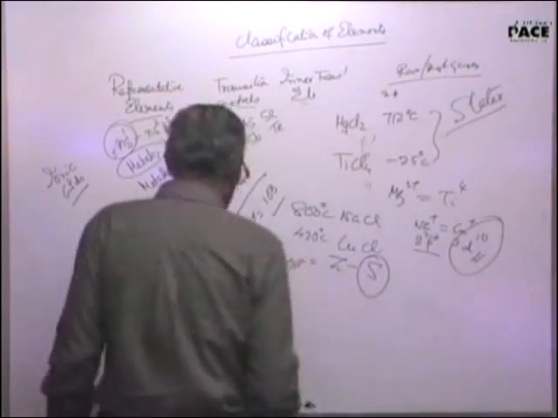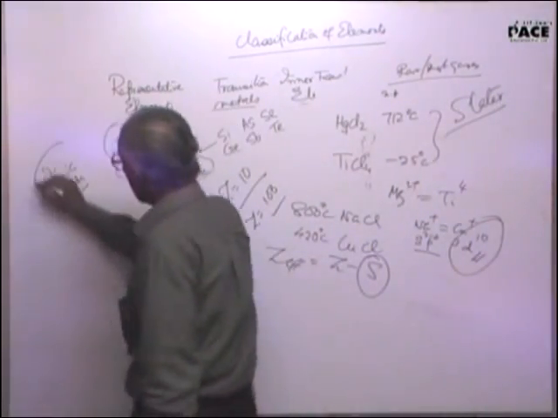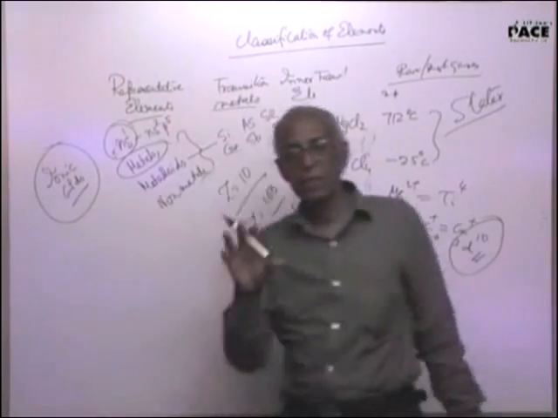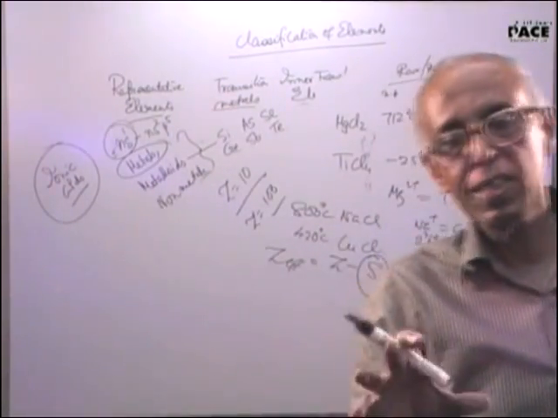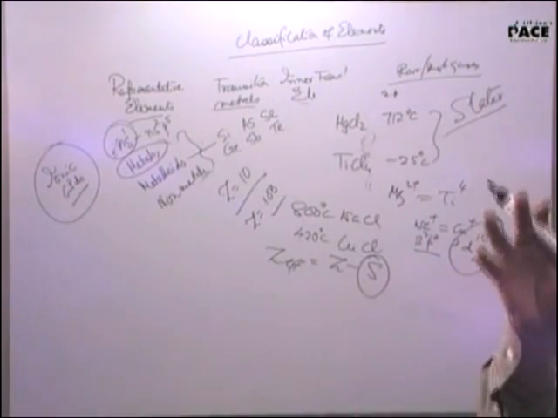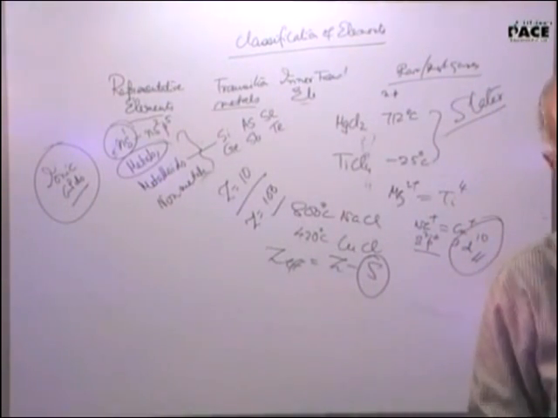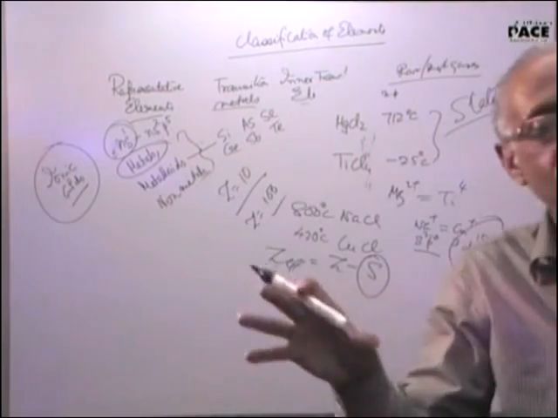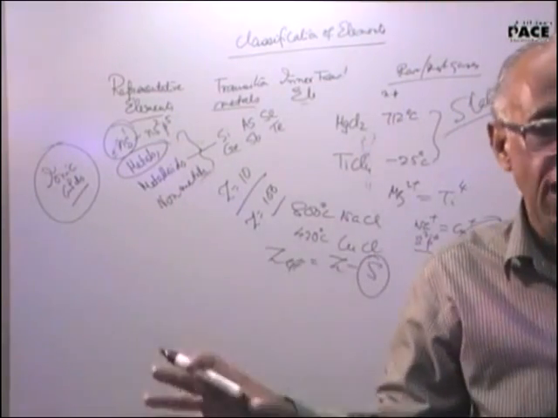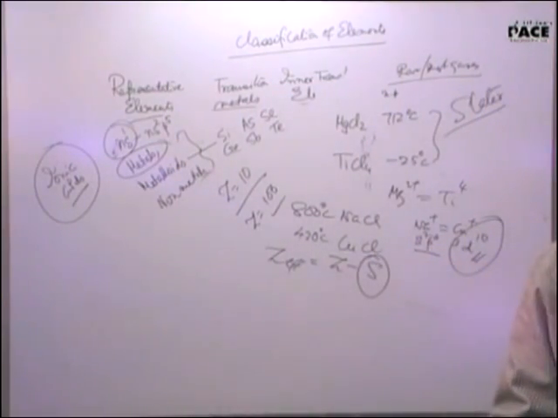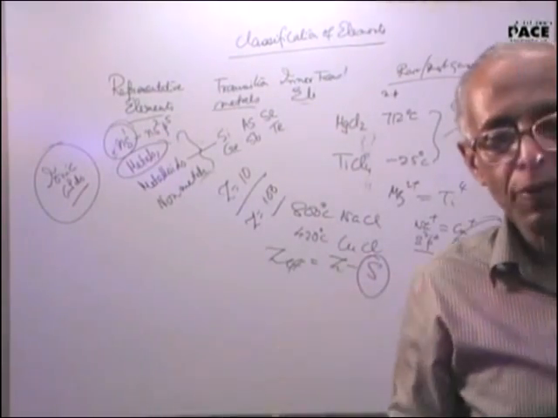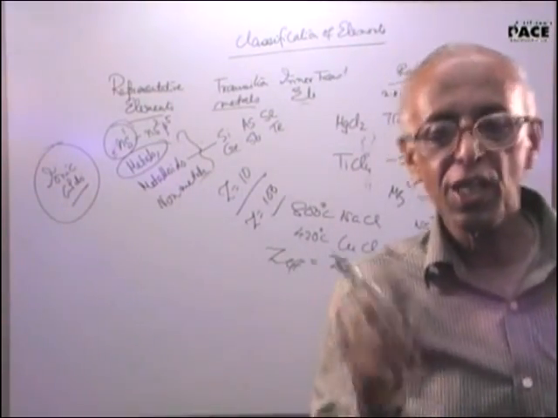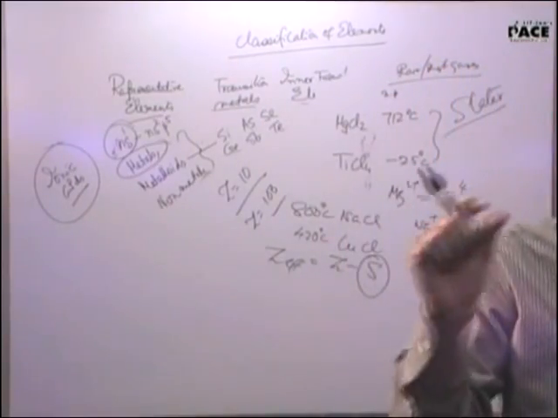Now, when the metals are in a low oxidation state, they form ionic compounds because their polarizing power is not high, since the charge is not large. Their polarizing power is low because the charge is limited to +1 or +2.